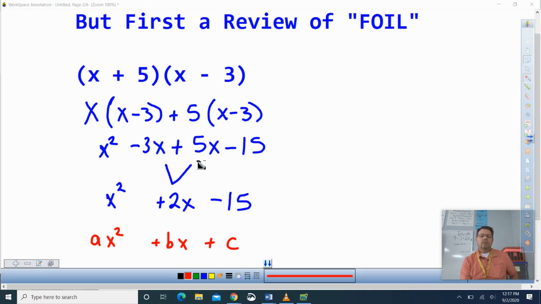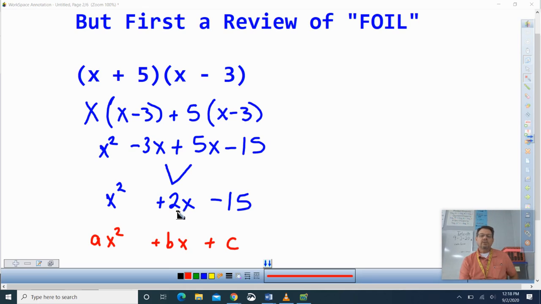I want to talk to you about something. Where did this 15 come from? It came from these two numbers being multiplied, didn't it? Where did the 2x come from? It came from these two numbers being added together to make the middle term.